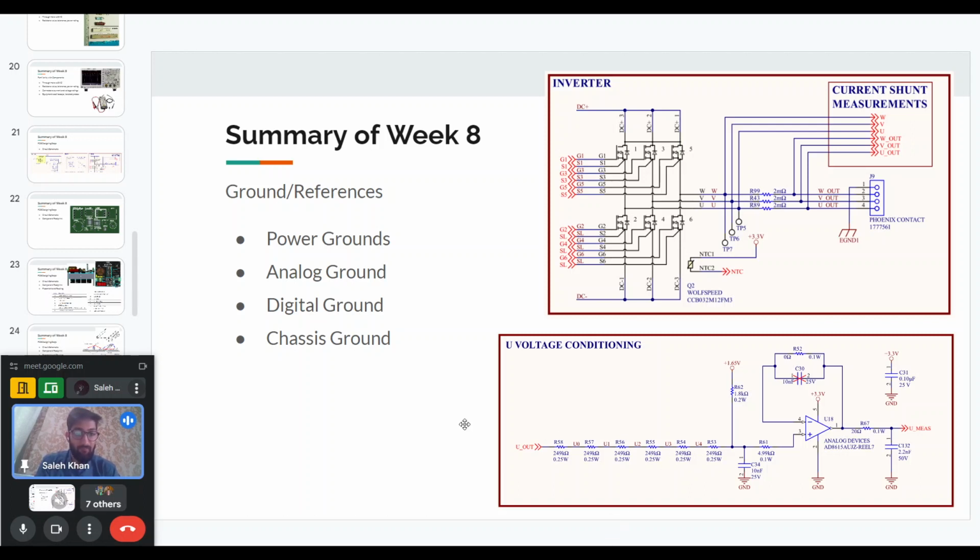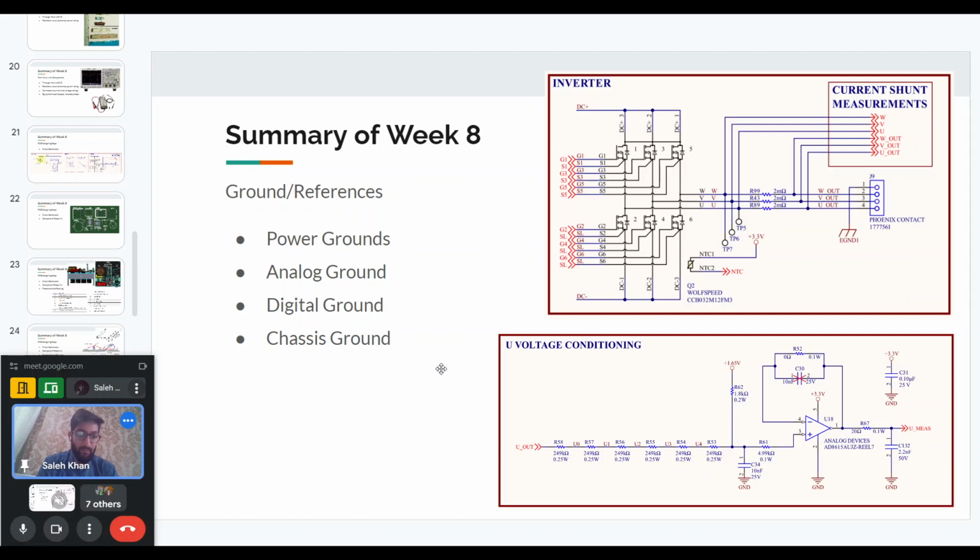And lastly, we will have a ground which is called the chassis ground. The converter enclosure may be earthed or it may not be earthed, but it is also connected to either the EMI filter ground or one of the power grounds as well. That is called the chassis ground.